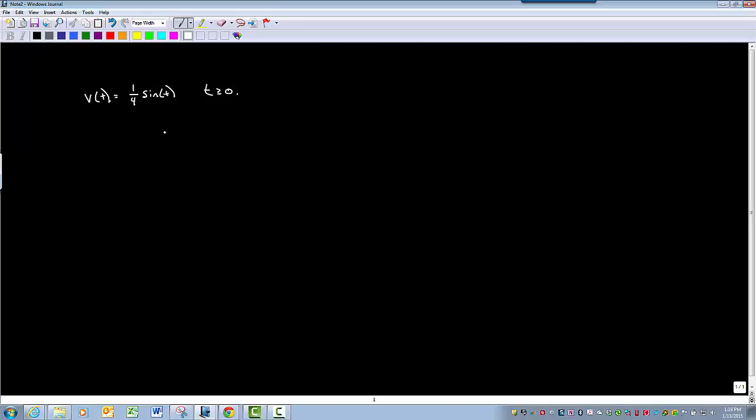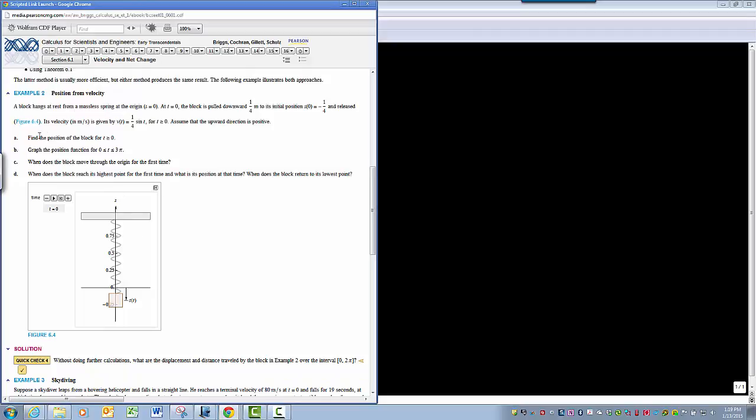So clearly it's oscillating, right? Now the initial position of the block is at negative 1/4 meters. So if I want a function that describes where the block is at any time, find the position of the block for t greater than or equal to 0.